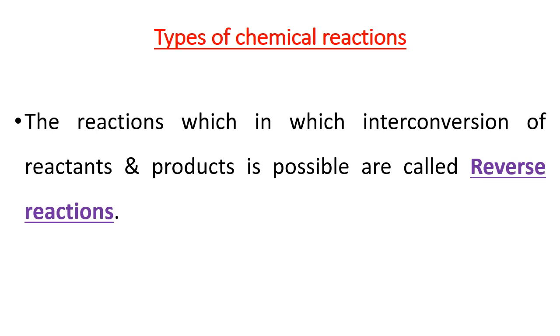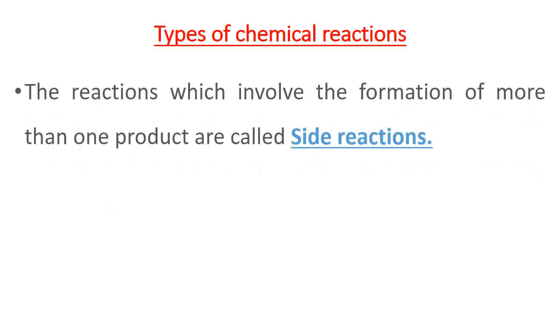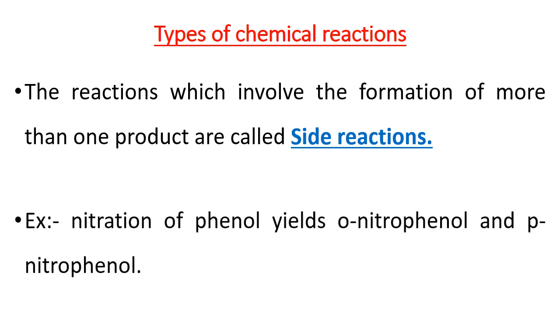The reactions which involve interconversion of reactants and products are called reverse reactions. The reactions which involve the formation of more than one product are called side reactions. For example, nitration of phenol gives orthonitrophenol and paranitrophenol.